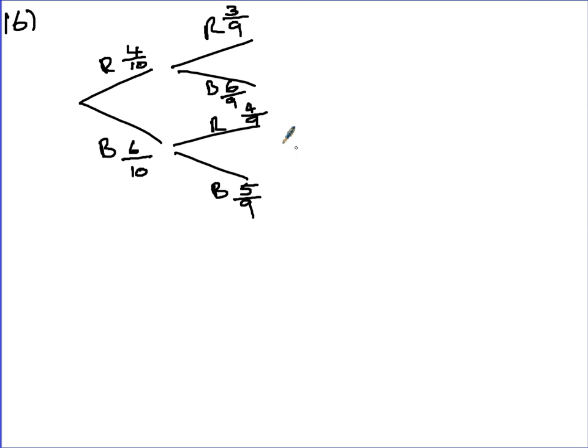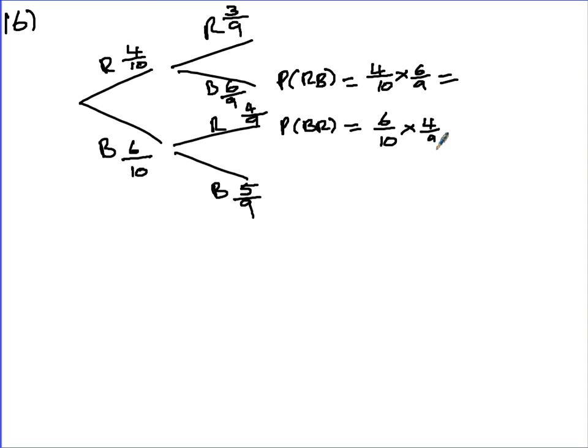Probability it'll take 1 pen of each colour, so you want the probability then of getting a red and a black, and you also want the probability of then getting a black and a red. So you're going along here, it's 4/10 times by 6/9, and then it's also 6/10 times by 4/9. So 4 times your 6 is 24 over 90, and the same again.